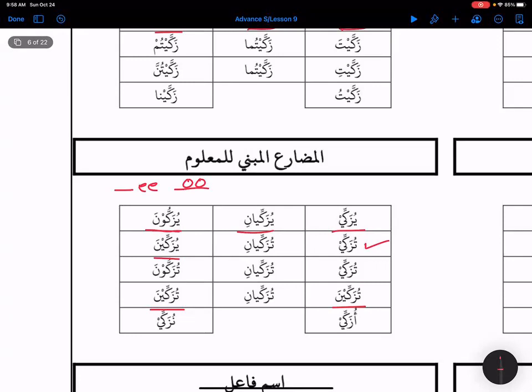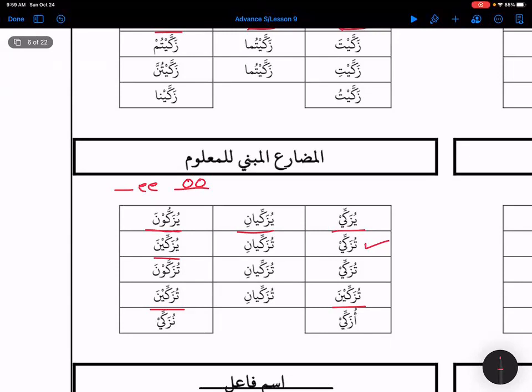We need to say this. Then yuzakkina. When you say yuzakkiyina, what you are doing is adding kasra instead of sukun and bringing two yas, right? We are adding one more ya, so we don't need it. So yuzakkina. Very good.